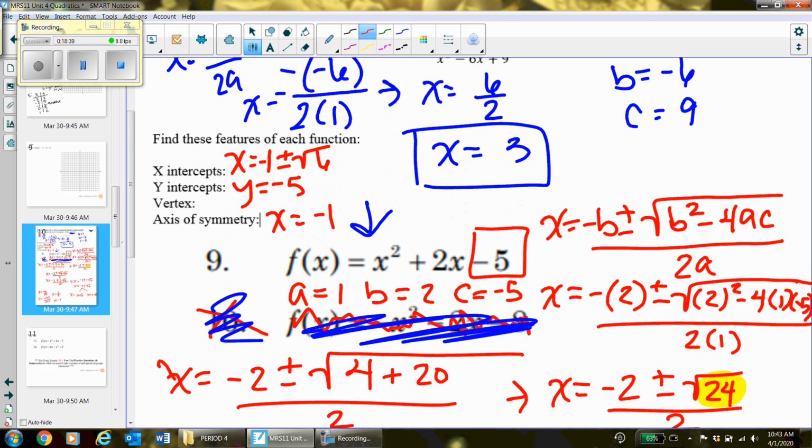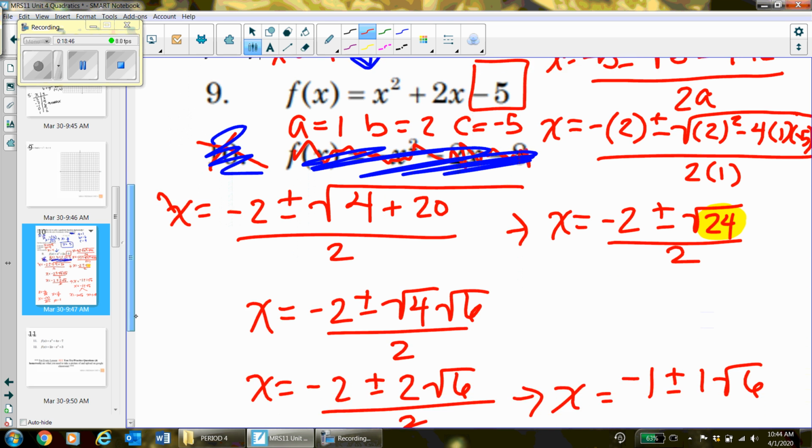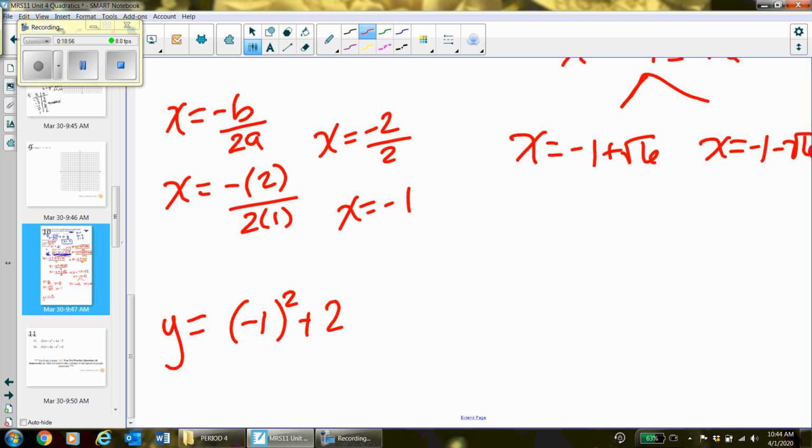Now you're going to plug that -1 into the equation and see what you get for our vertex. So y equals x squared plus 2x minus 5. All right, so y equals 1 minus 2 minus 5.